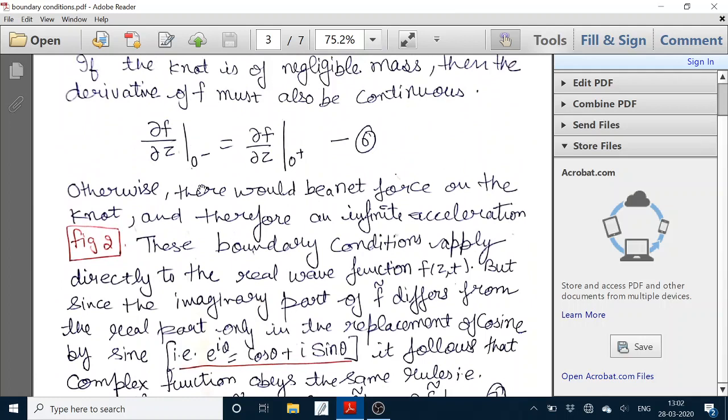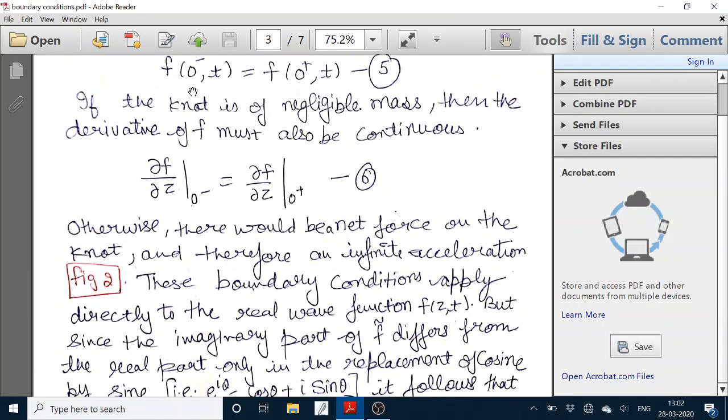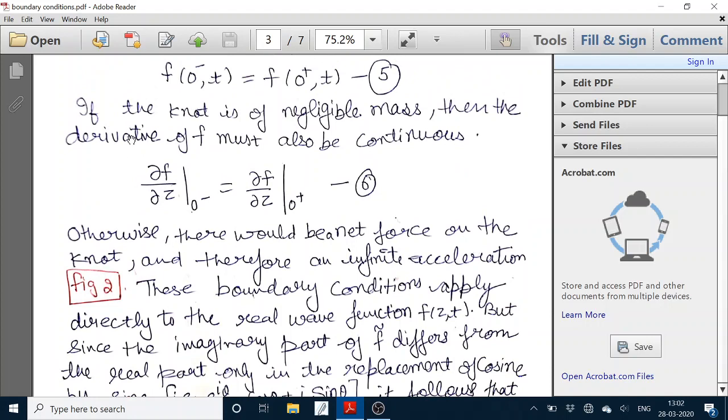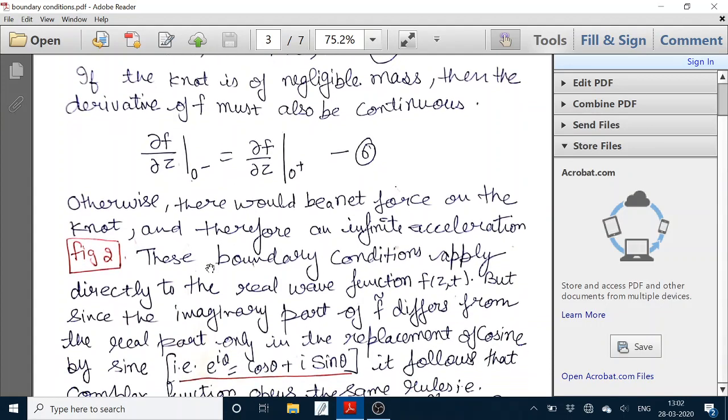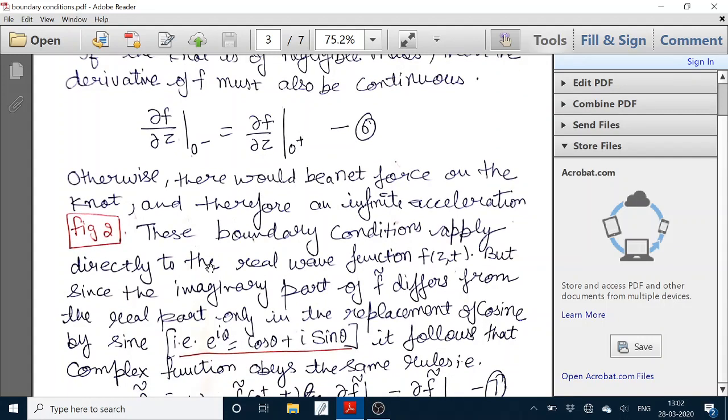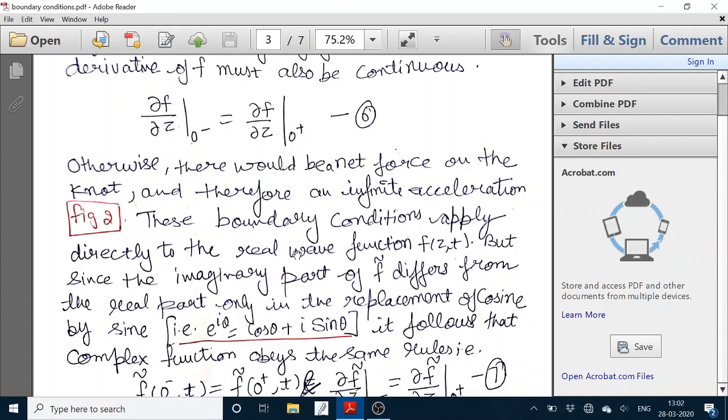So both of these boundary conditions apply directly to the real wave function f(z, t). But for the imaginary part of this function, we know that exp(iθ) is cos θ plus i sin θ. This is our real part and this is our imaginary part.